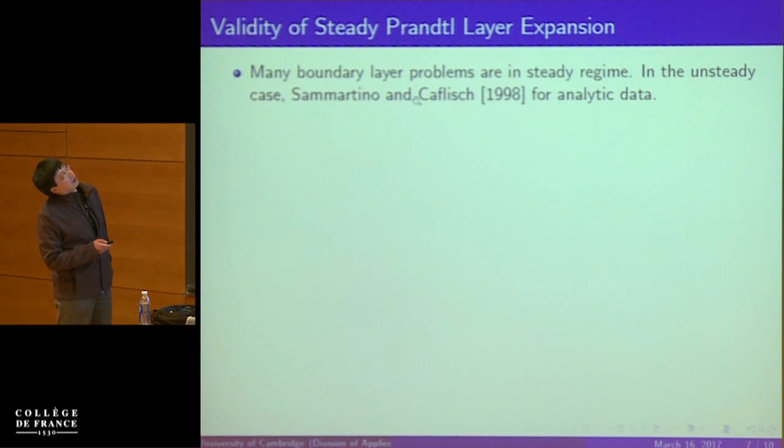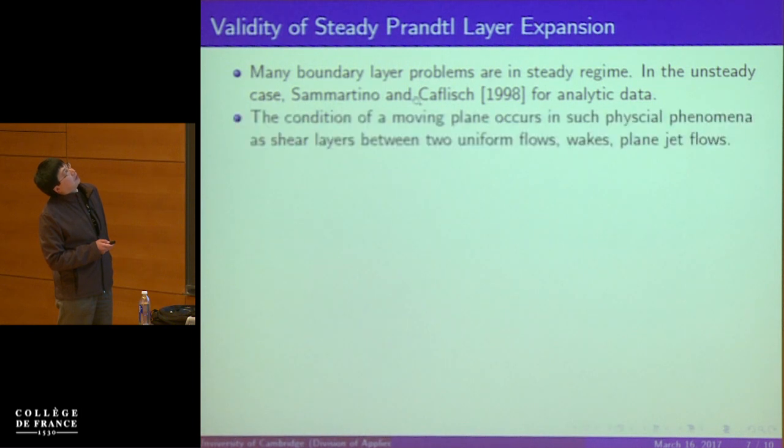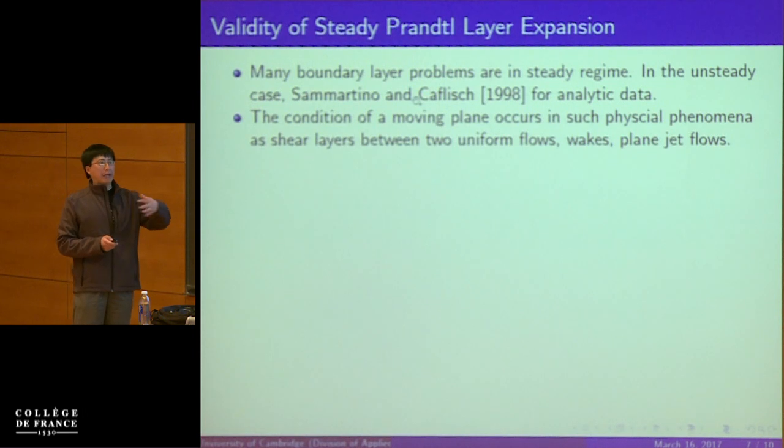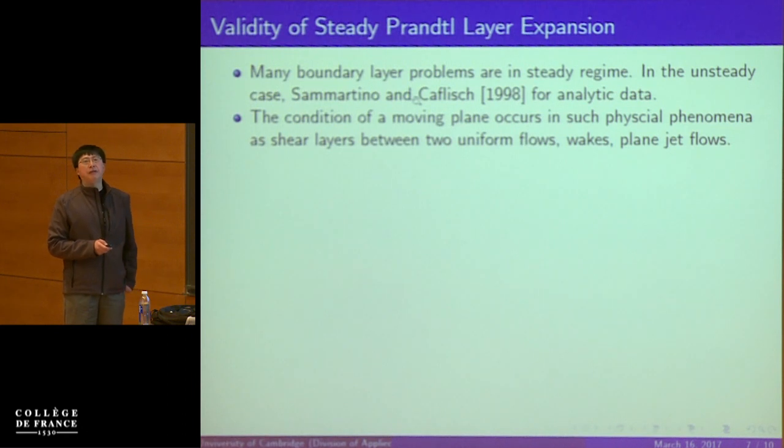I want to make some comments. When you have something moving, this phenomenon occurs in many different physical contexts. For instance, these are so-called shear layers, where you have two uniform flows. When you have viscosity, then you cannot use the so-called Kelvin-Helmholtz, you cannot use Euler.